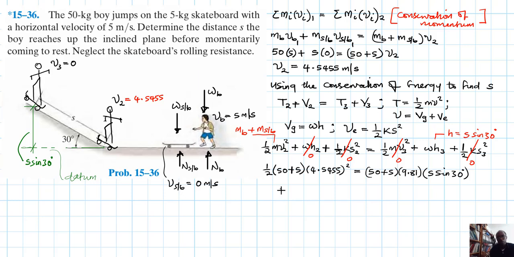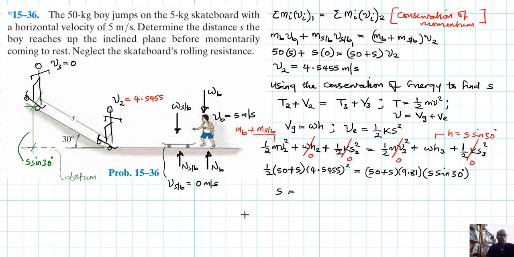Making s the subject of the formula, we have half by 55 by 4.5455 squared, divided by 55 by 9.81 sine 30.